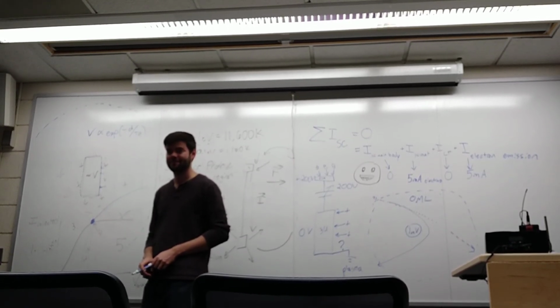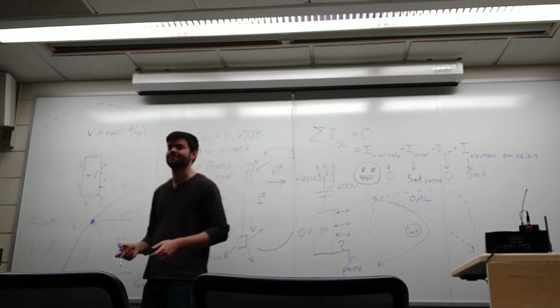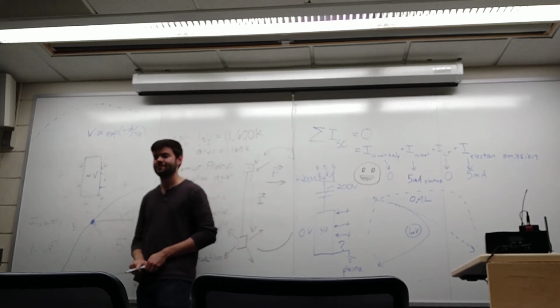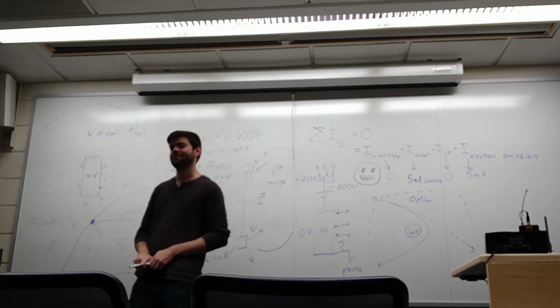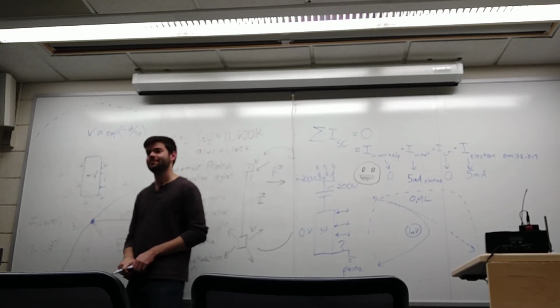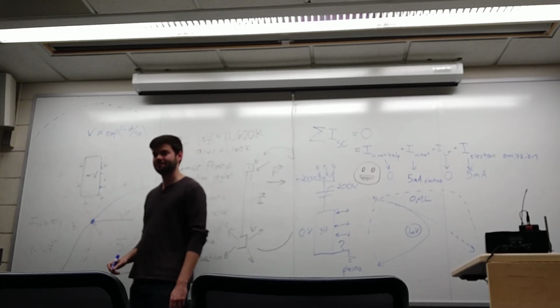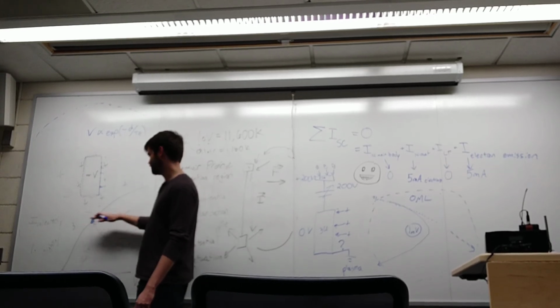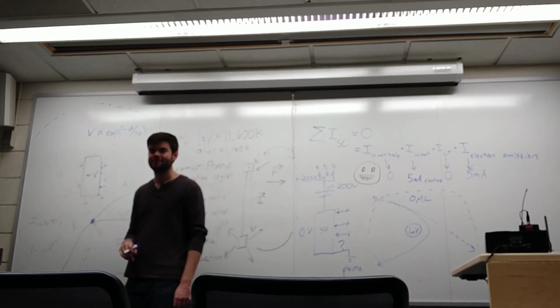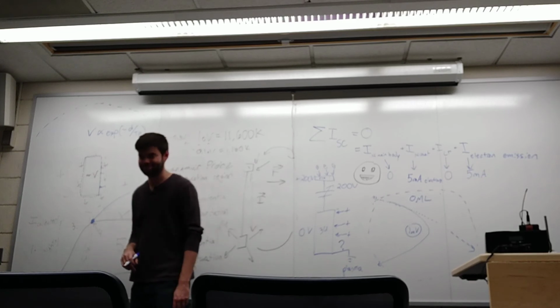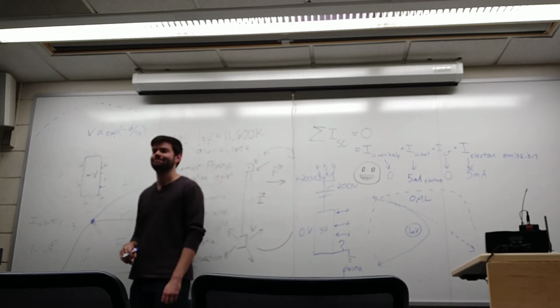Just because the sheath got bigger, there are no additional electrons that get in. You've collected them all, so that means it's saturated. And that's a 1D sheath. And there are versions of this.